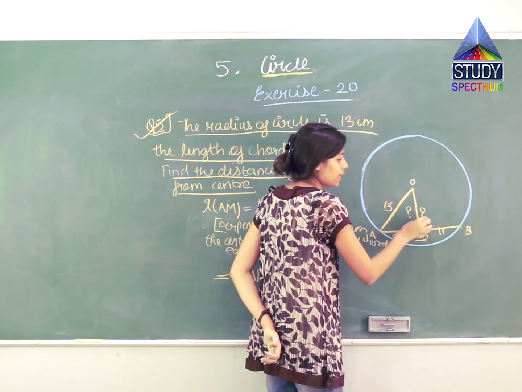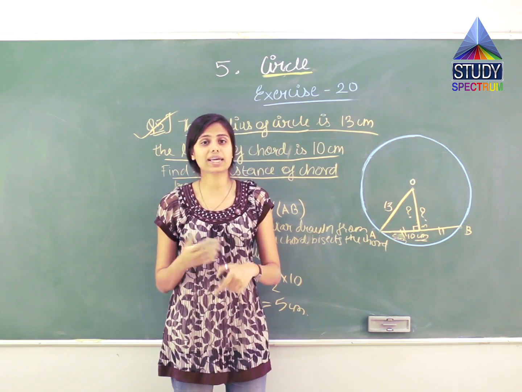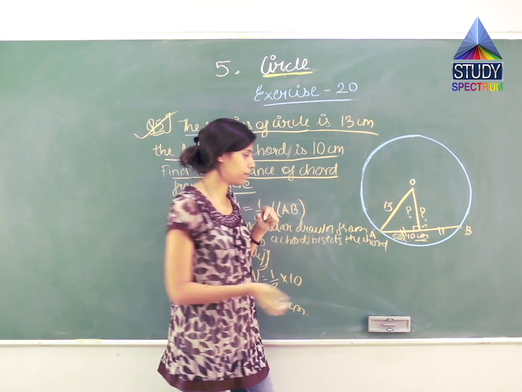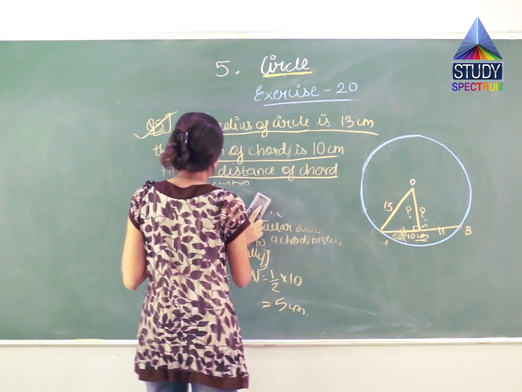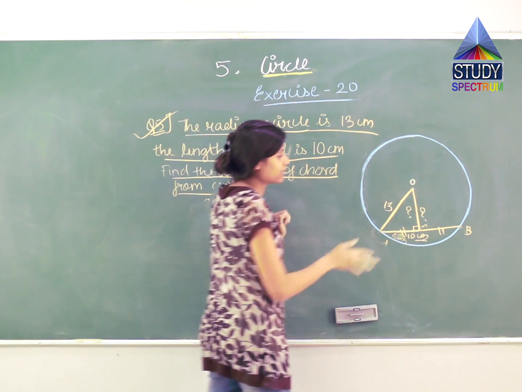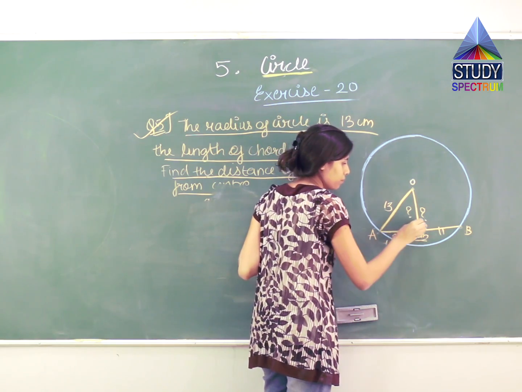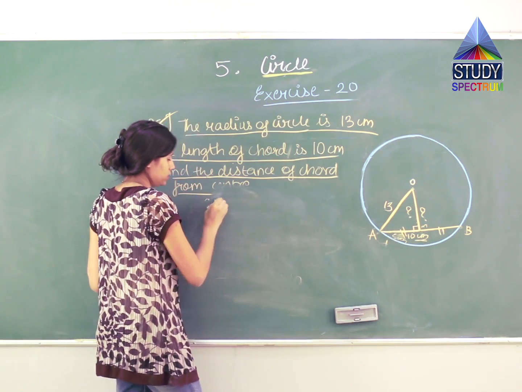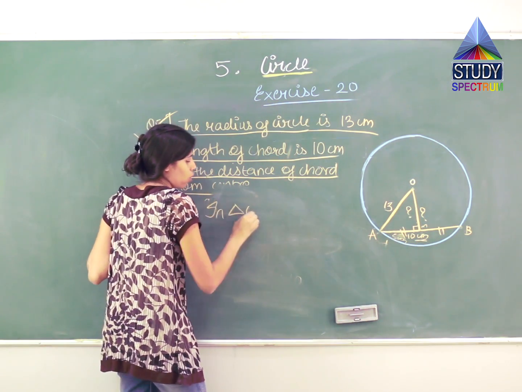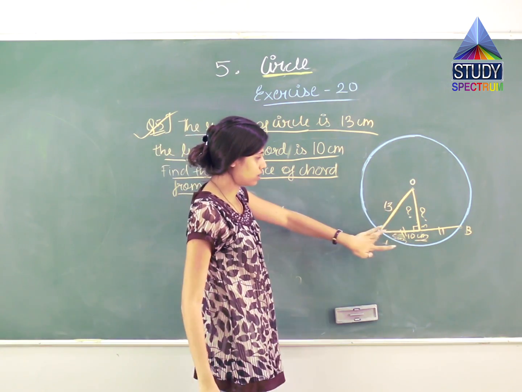Now we have to find this, which is OM. So let us see how we can find this length OM. Now we will see this triangle, which is OAM. So in triangle OAM, see, look, this is a triangle.